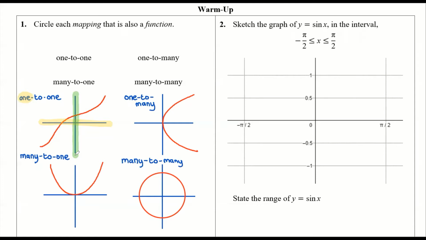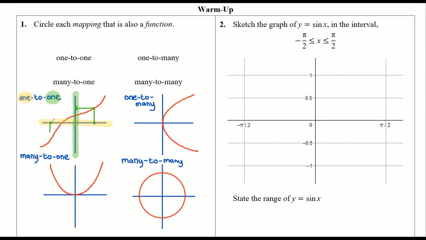Now, in this instance, if I choose any unique element in that domain, so let's say I'll just pick a point here. So that's a number in my domain. We can see from the graph that it maps to one unique value in the range, okay? And this is true for any element in the domain.